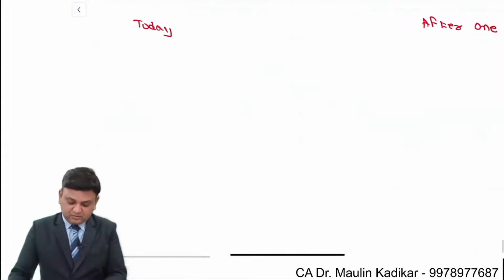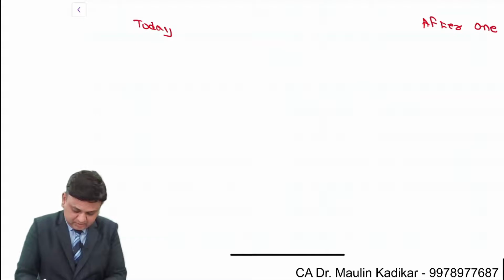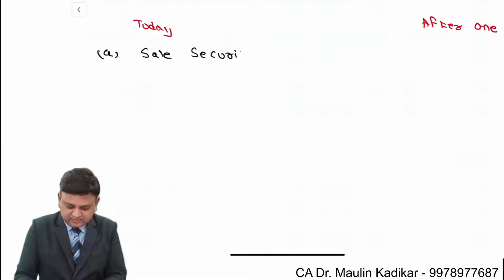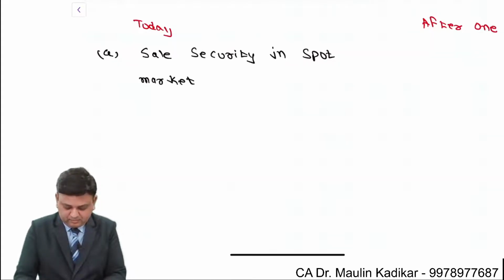Under today, write down A. Sell security in spot market at the rate of rupees 2000.